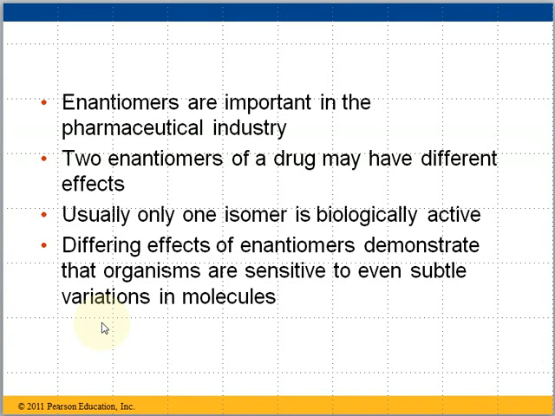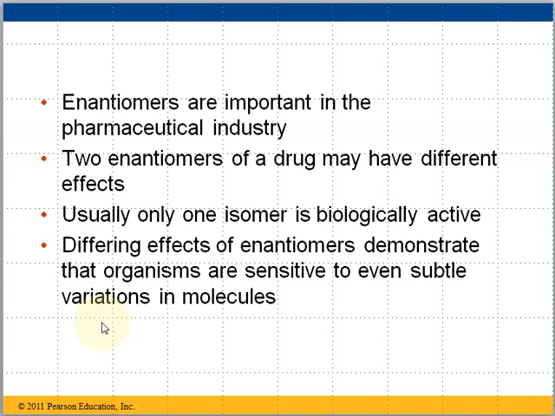So usually only one of these isomers is biologically active. It's pretty interesting to think that you can have the same compound, and it won't have the same effect just because of its 3D arrangement.